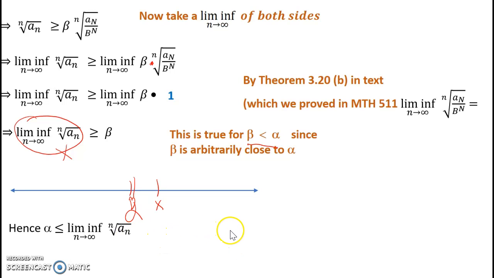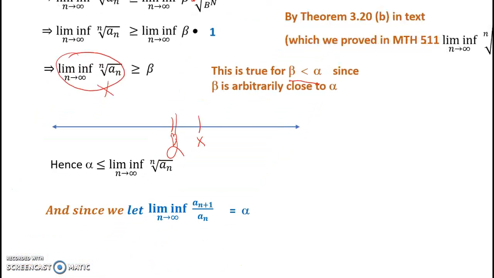Now, in the beginning of the proof, let me just remind you here, we let the limit infimum as n approaches infinity of a sub n plus 1 over a sub n be equal to alpha. So what I can do is take this alpha here and replace it with the limit infimum. We took out the alpha from the left hand side and we'll replace it with the expression that was set equal to alpha.